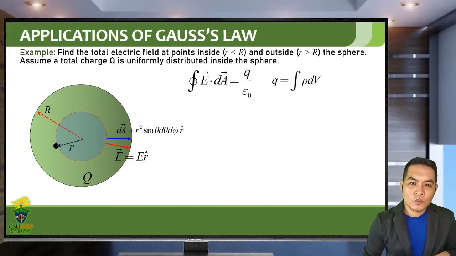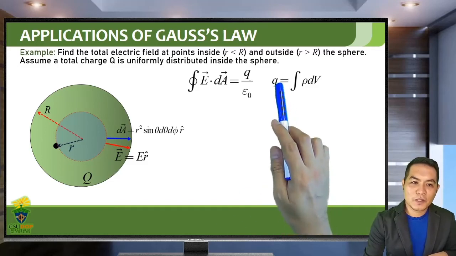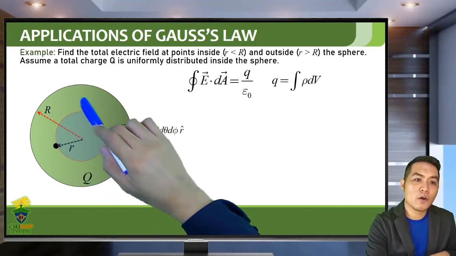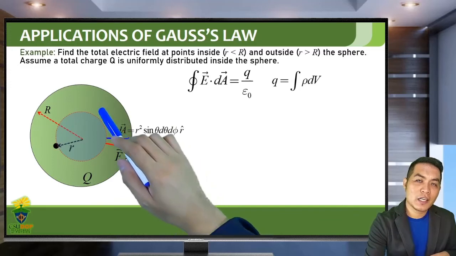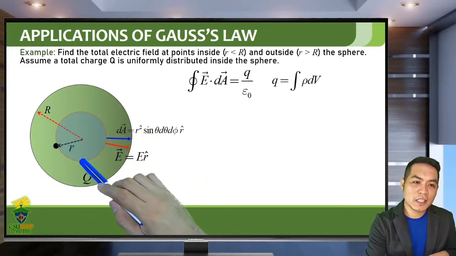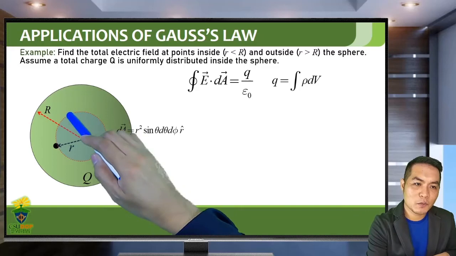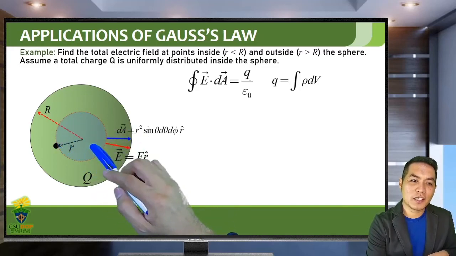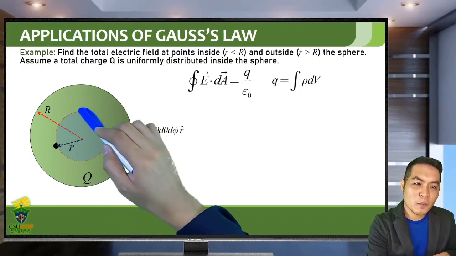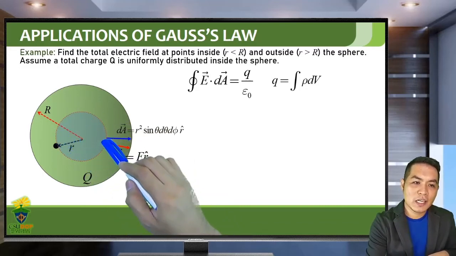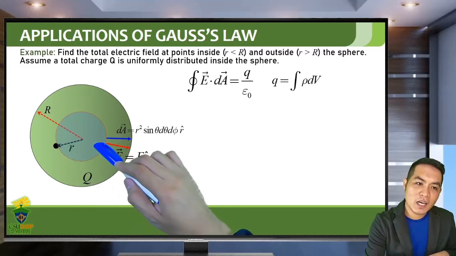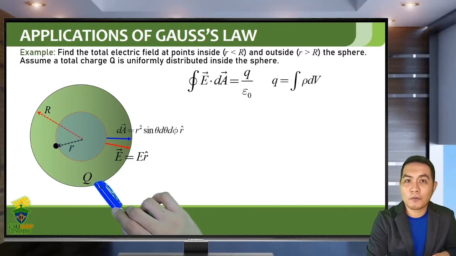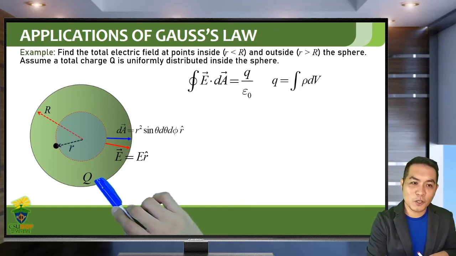So our total charge enclosed here: this charge Q is distributed in the whole volume of the sphere, but since our Gaussian surface is just this one within the sphere, we must calculate the charge enclosed by our Gaussian surface. So the charge enclosed in this sphere is just a fraction of the total charge Q. Now, how do we find the fraction of the total charge Q?